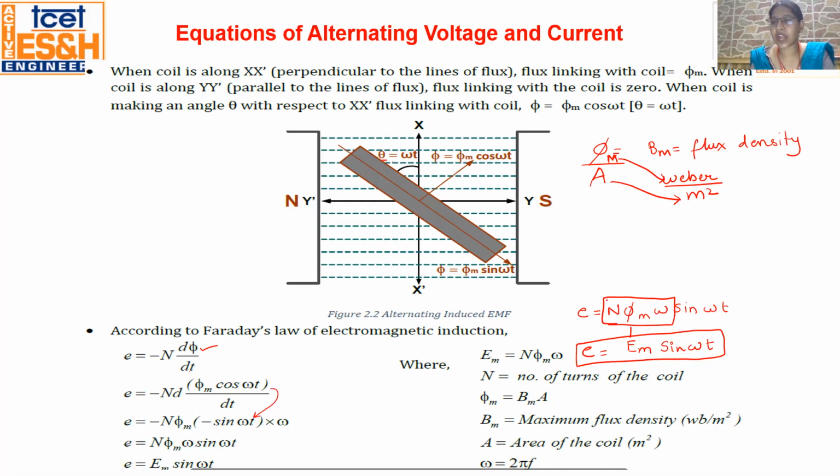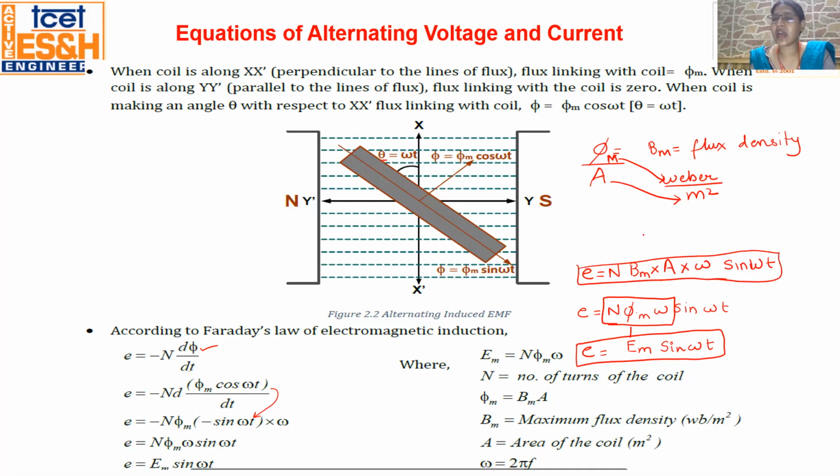So we can also write our equation like this. In place of phi m, I will write Bm multiplied by area multiplied by omega sine omega t. Now what is omega here?